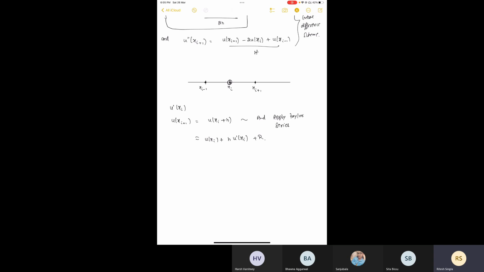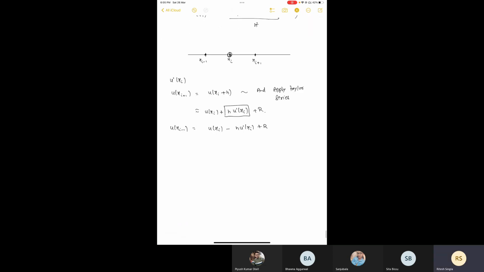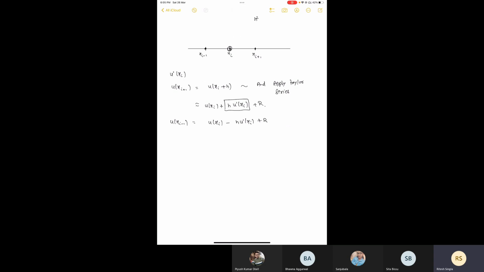I am not concerned about the remainder; I am just explaining for u prime of xi. Similarly, u of xi minus 1 can be written as u of xi minus h times u prime of xi plus remainder.